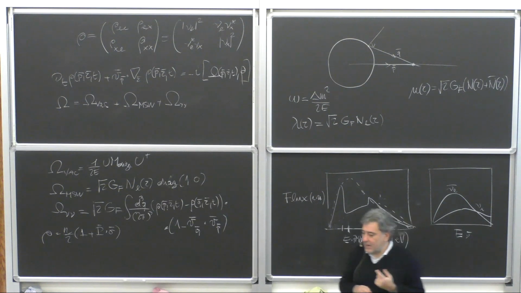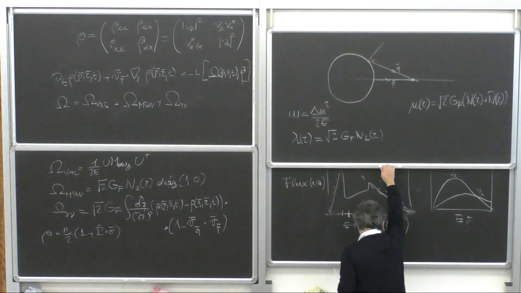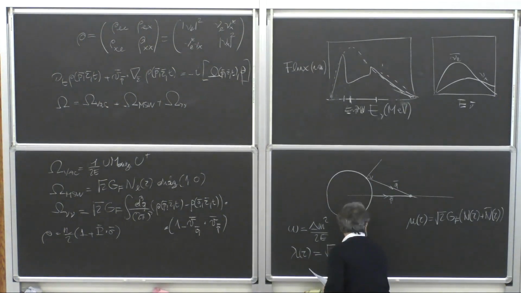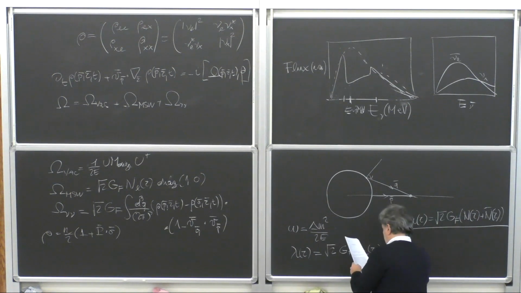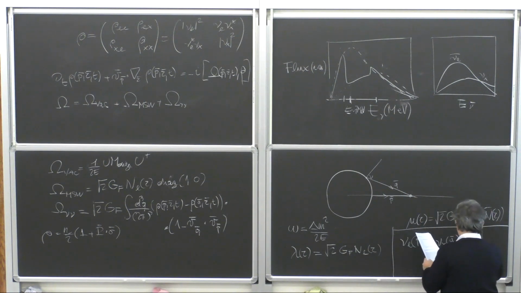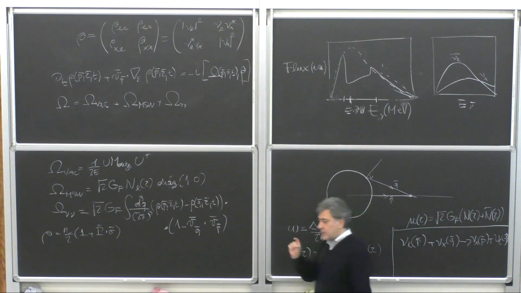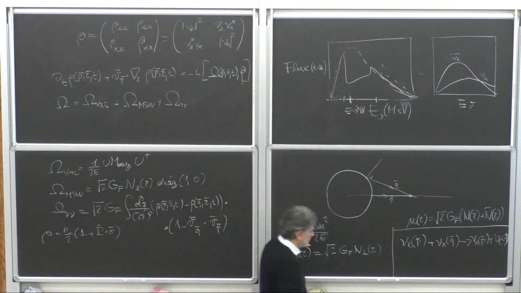Now, there are oscillations of this kind: nu_e with momentum p plus nu_x with momentum q going into nu_x with p plus nu_e with q. So imagine nu_e and nu_x exchange their momentum. There are others also.